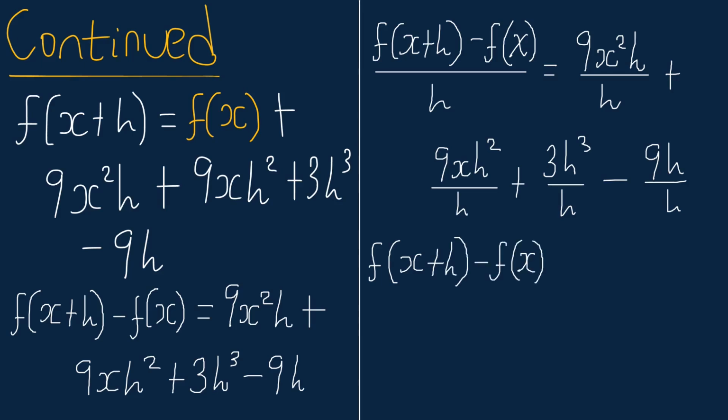The final answer is f prime of x is equal to 9x squared minus 9. Now check the accuracy of this answer by using the basic differentiation rule.